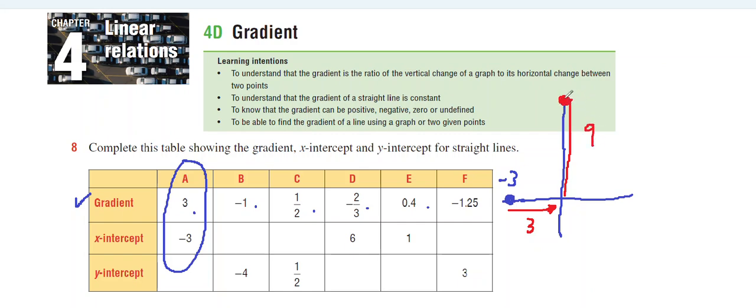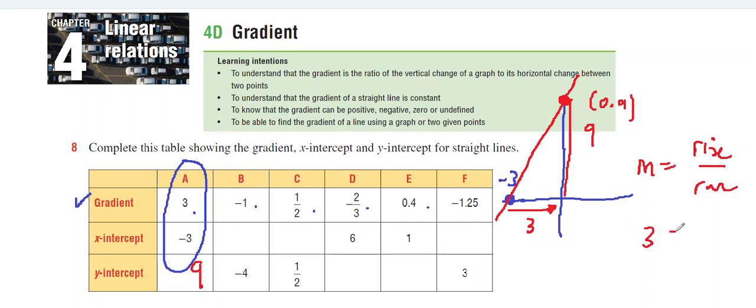Therefore, there's my coordinate there, which is (0, 9), and the y-intercept is 9. I was able to obtain that by creating a gradient triangle where gradient is rise over run, and that had to be 3. So I read a run of 3 and then up 9, because 9 over 3 gave me 3.